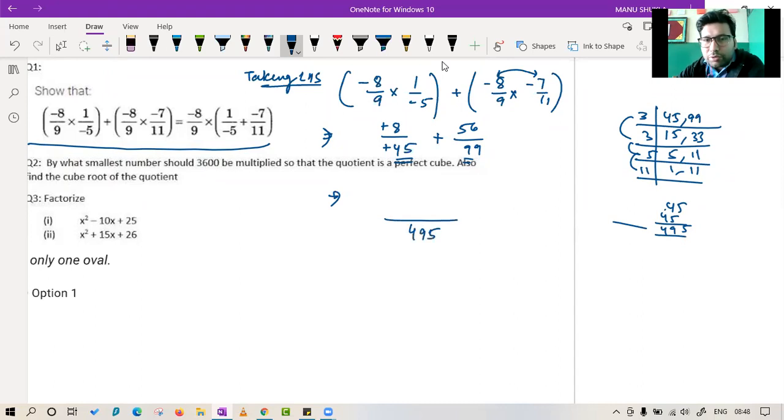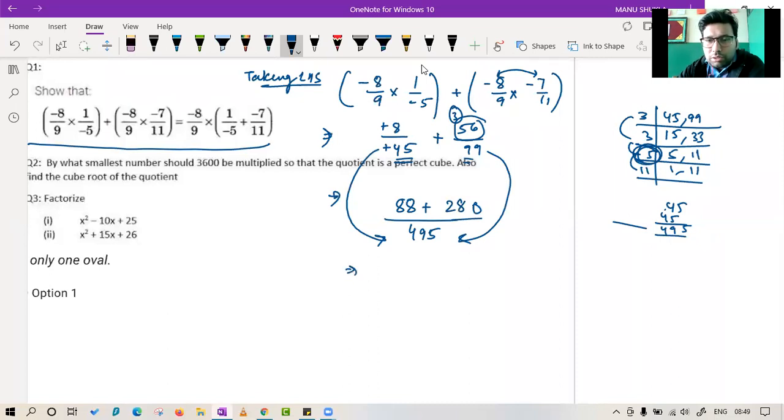What will we get here? 45 into 11. So 11 into 8 is 88. 99 into what? Plus 99 into what is 495 into 5. So 5 into 56 is, please tell. 56 fives are, very good Abhinav, 280.